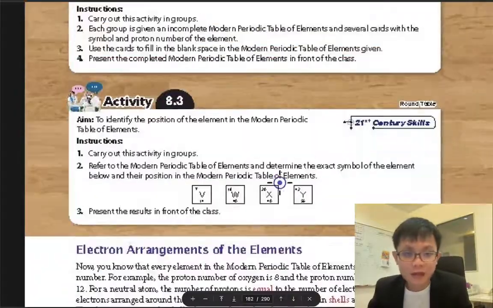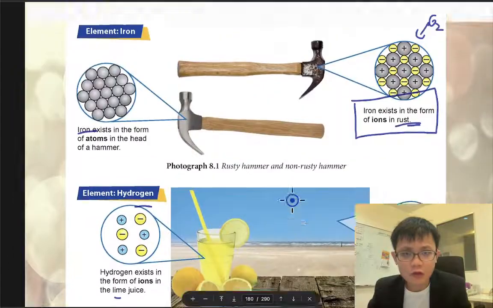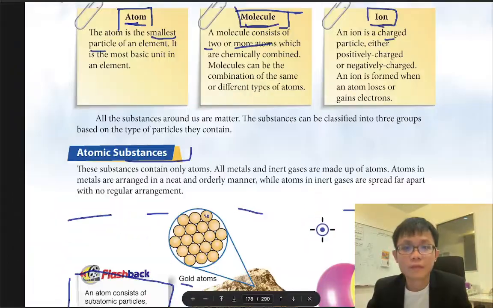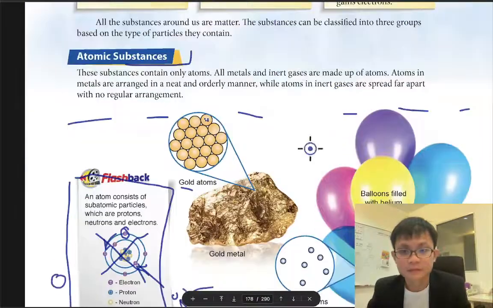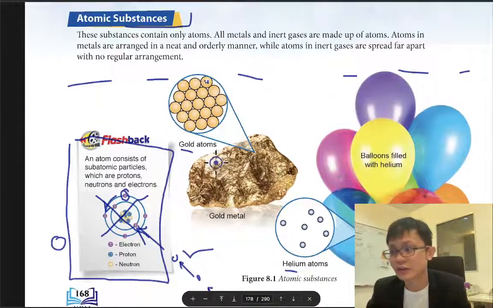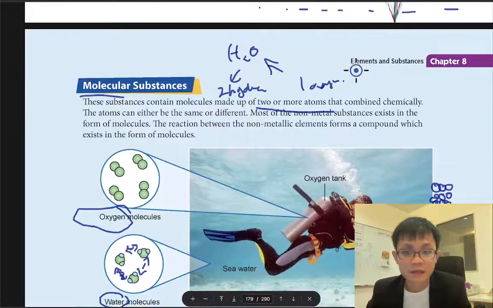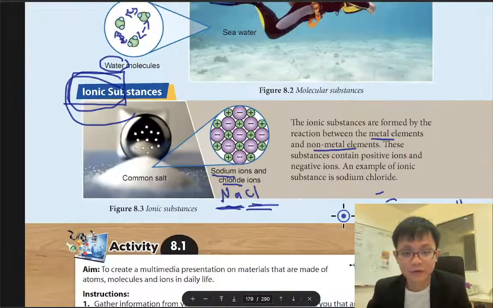Okay, where was I? So I hope that you can understand what is atom, molecule, and ion. Moving on. Okay, so this one we already watched the video. If the thing is very small, then it will be the atom, helium, this oxygen molecule. Compress it into liquid, then the person can breathe.